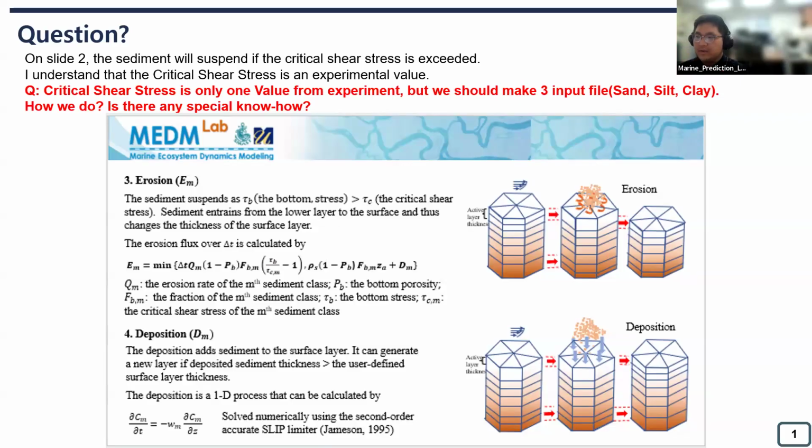I understand that the critical shear stress is an experimental value. So the critical shear stress is only one value from experiment, but we should make three input files for sand, silt, and clay. So is there any special know-how to make these input files? That is my question. Okay, thank you.